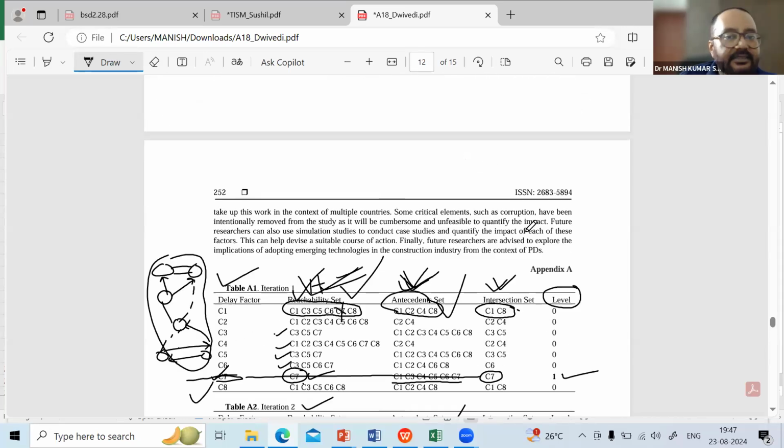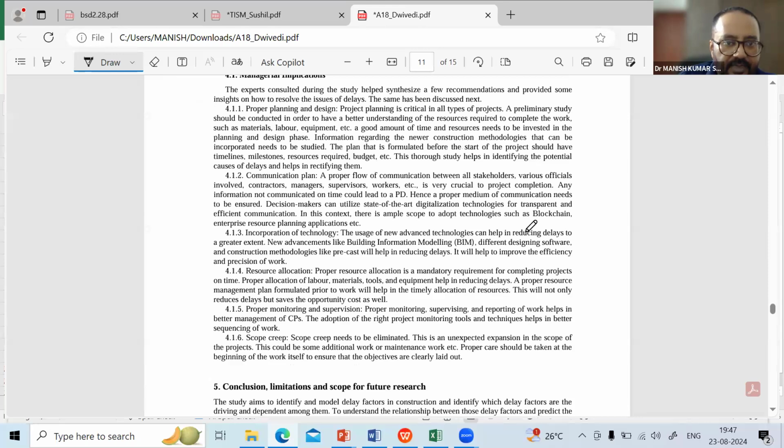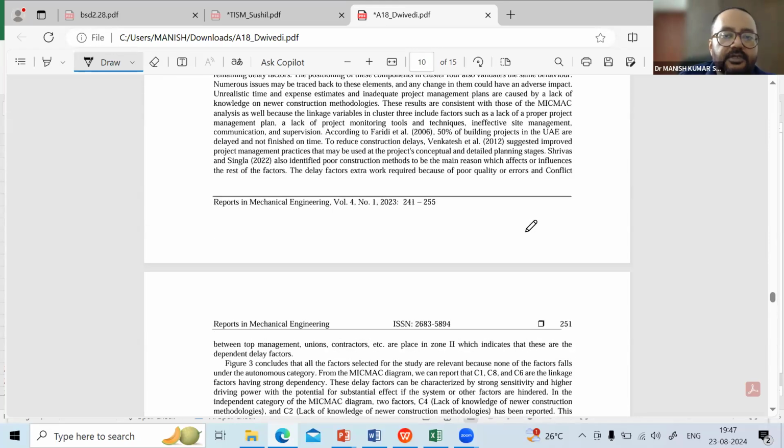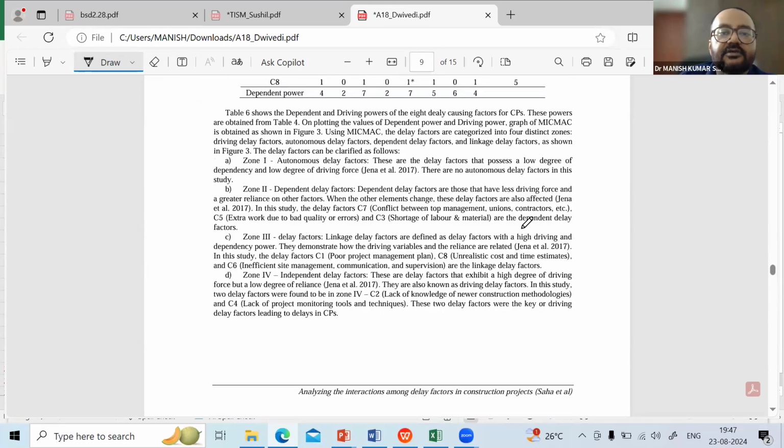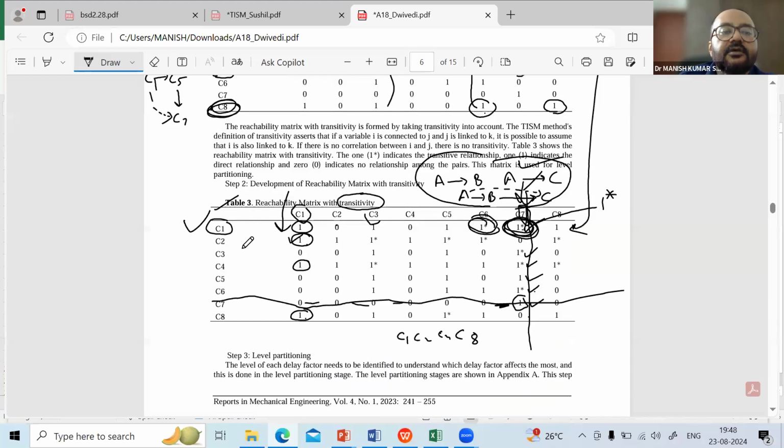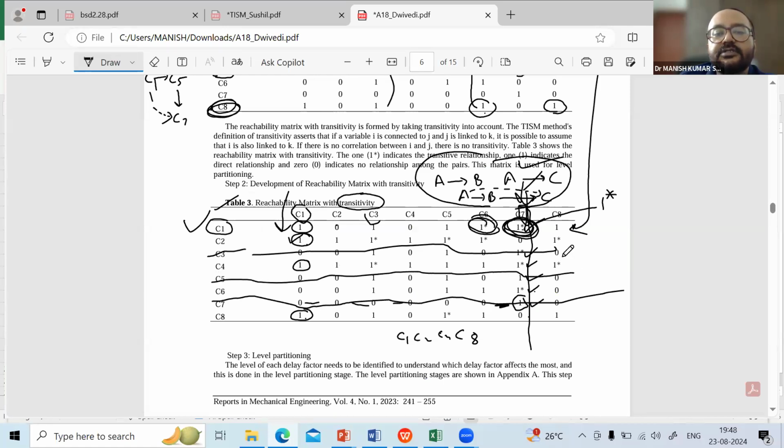It is not suggested to do it here. So C3 is eliminated, which means its value is eliminated everywhere, and then C5 also. So level 2 is done, because we got that.